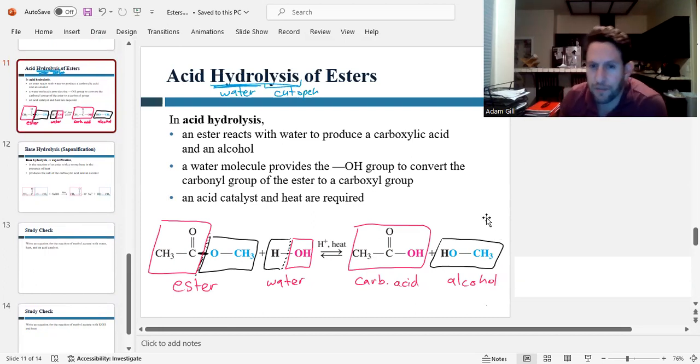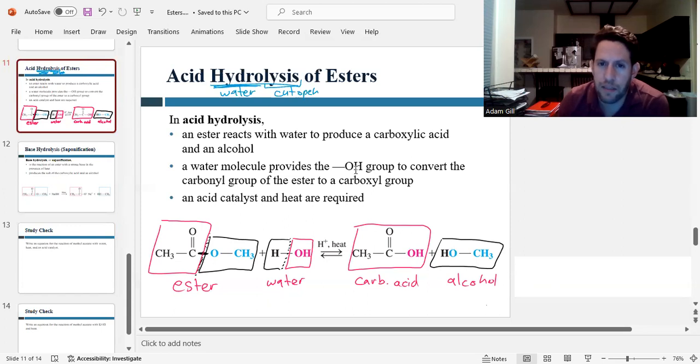And to do this, we need acid and heat as the catalyst. And so because this is a reversible reaction, we call one way esterification, we call the other way hydrolysis. So forming the ester is esterification, breaking the ester is hydrolysis.